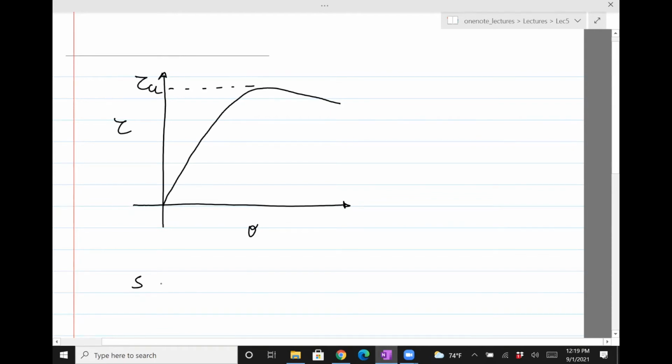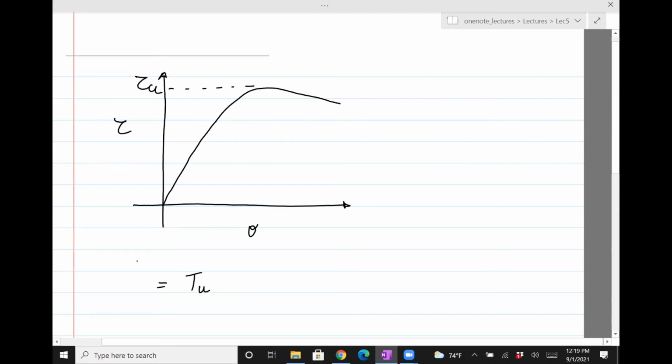And then this strength, so that corresponds to a torque TU.